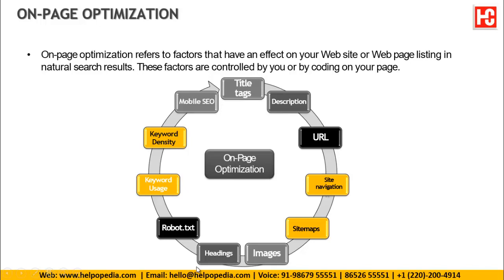The same thing applies here also. So you need to check what is the value of the keywords I've used in my website today, whether it has the same value, or the value has increased or decreased. If the value has decreased, then I need to replace those keywords with a new keyword.